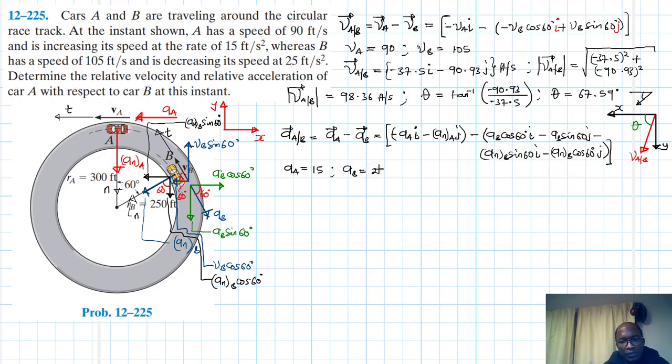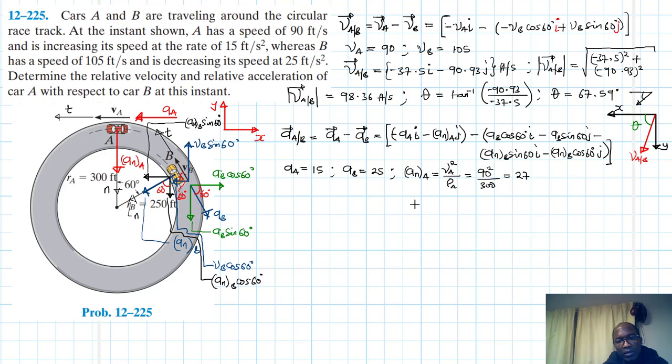And then we have ANA equal to VA squared divided by rho A, which is 90 squared divided by rho A. Rho A for this one is 300, so 90 squared divided by 300. This becomes 27.